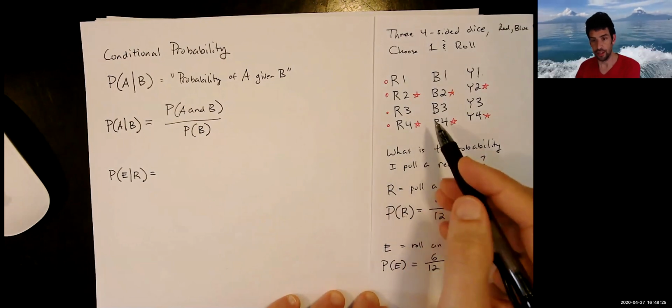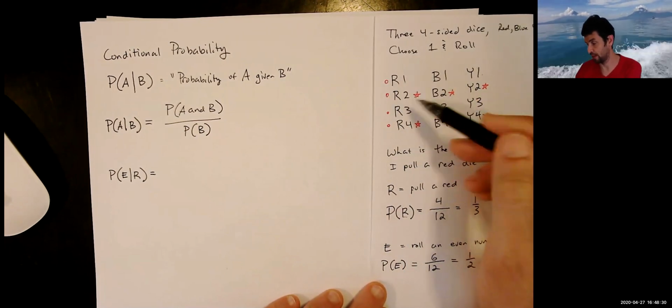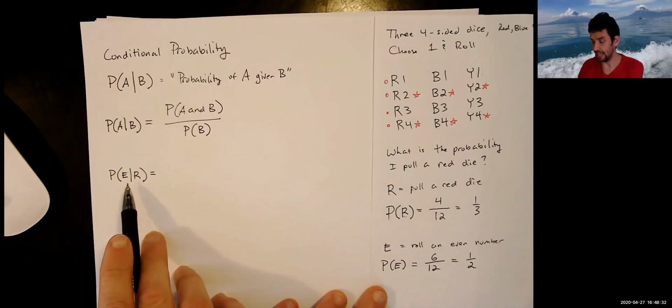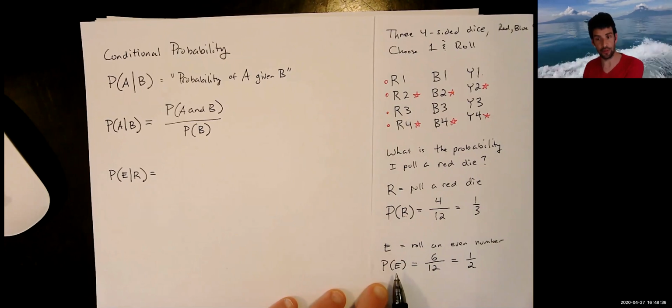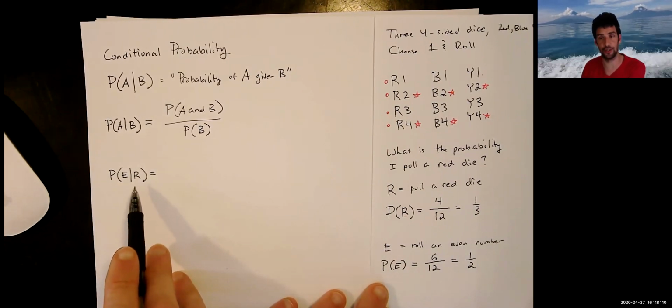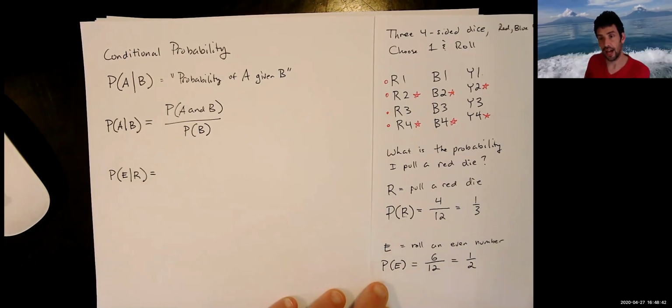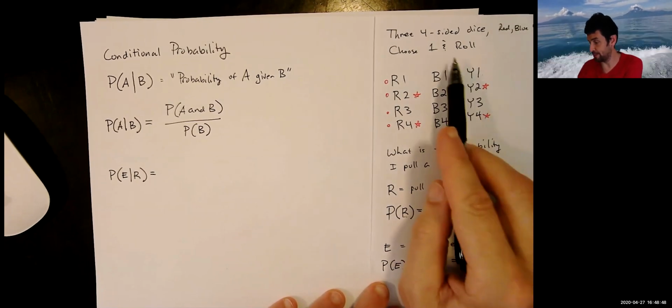Now we can probably guess what this should be. Let's do it first by just looking at our sample space. Our sample space is all of these numbers if we're asking a question like, what's the probability of rolling an even number? However, we have extra information. The information is, I already did the first part of the experiment. I've pulled a red out, right? So now my sample space has been reduced.